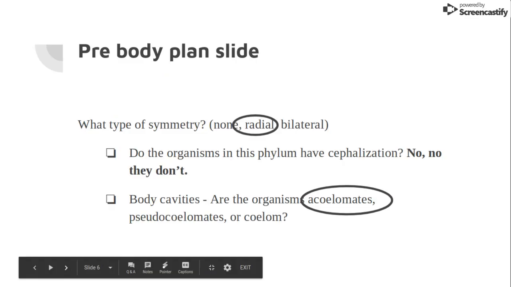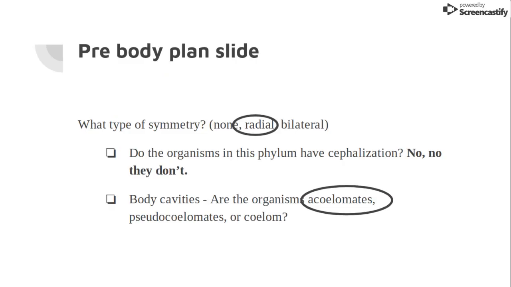Body plan slide. What type of symmetry? They have radial symmetry, however, it depends on the species. Some species of sponge have no symmetry, and some have radial, and some have other types of symmetry that I can't pronounce.